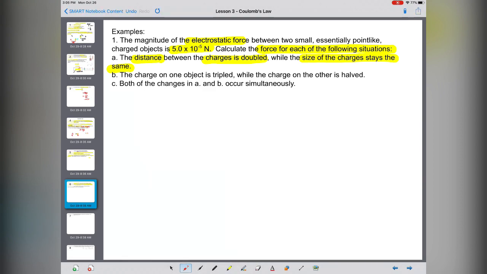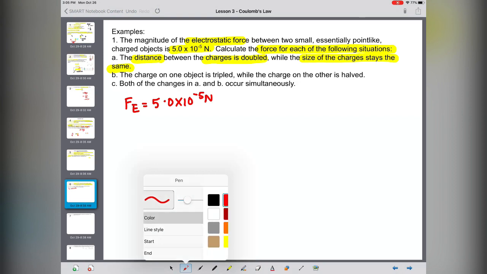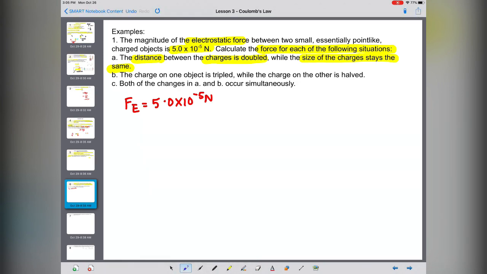So they tell you the original force, Fe, is 5 times 10 to the negative 5 newtons, and in the new situation the distance is doubled. So r2 is 2 times r1.